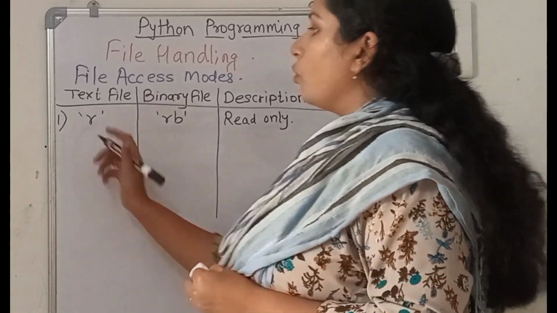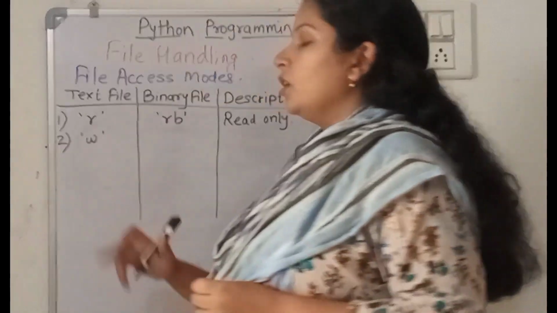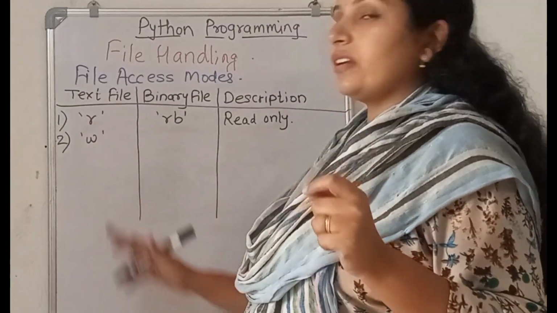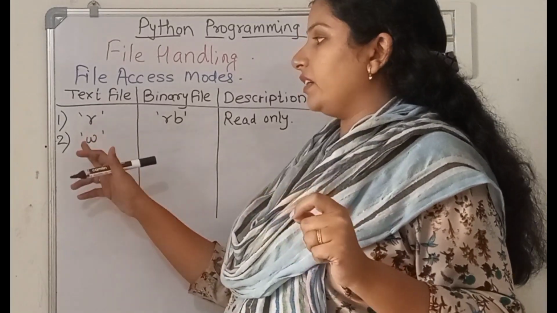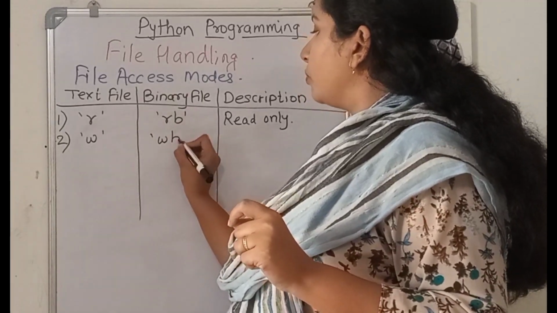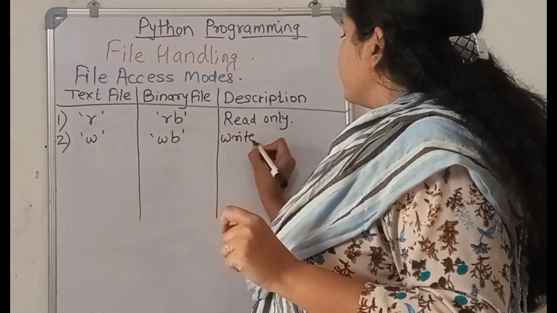The second mode is the write mode, W. For text file we use W in small case. All these letters are in lowercase form. So for writing, W, and for binary file it is WB, and this is write only.